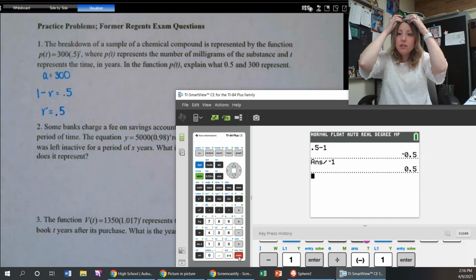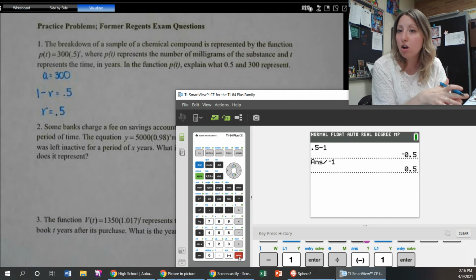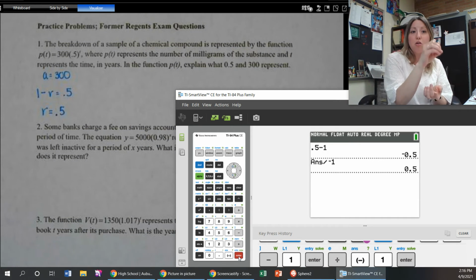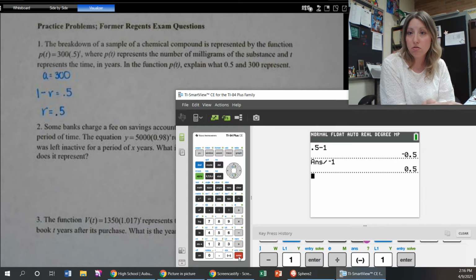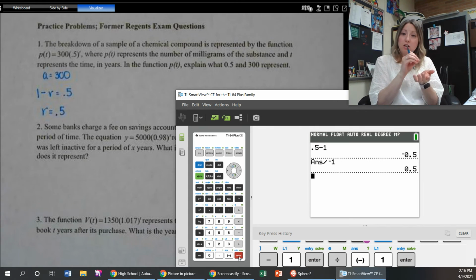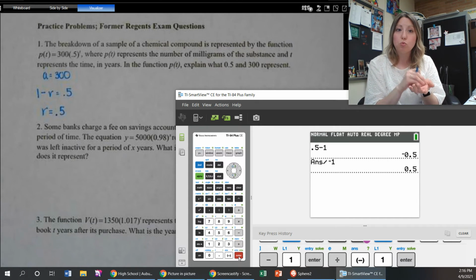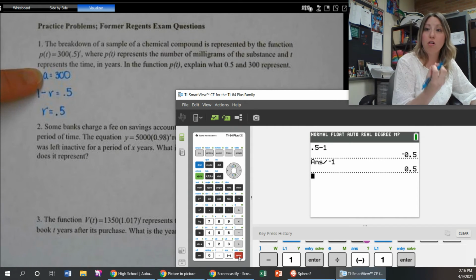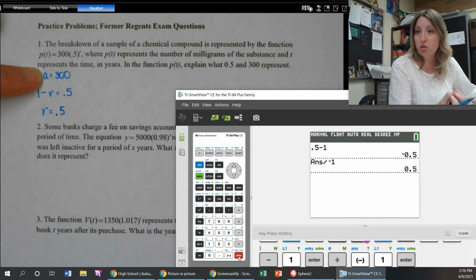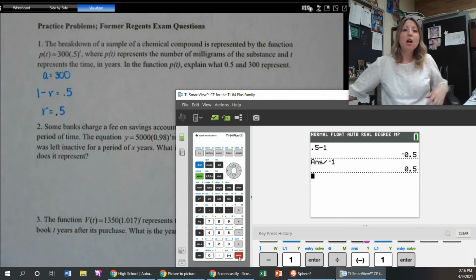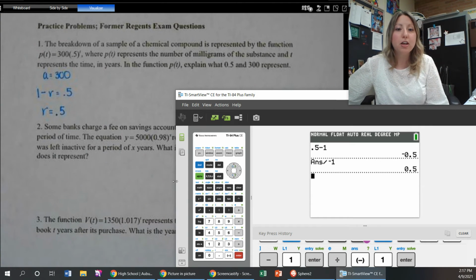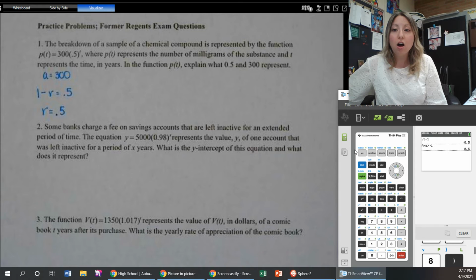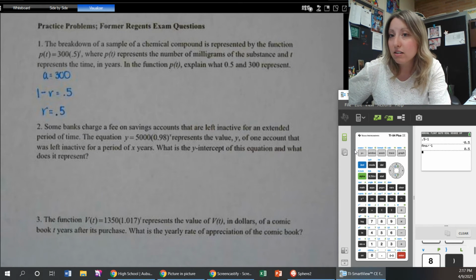What this is telling me is that for this chemical compound, the initial amount of substance was 300 milligrams. That's what the A is, the initial amount before we started. And then the 0.5 is the rate of decay of the substance over T years.